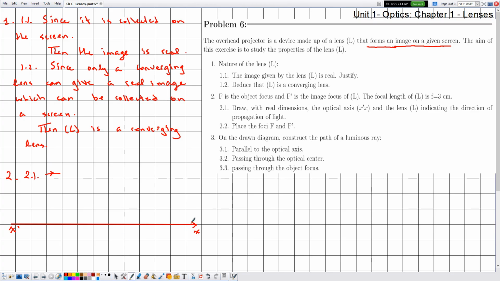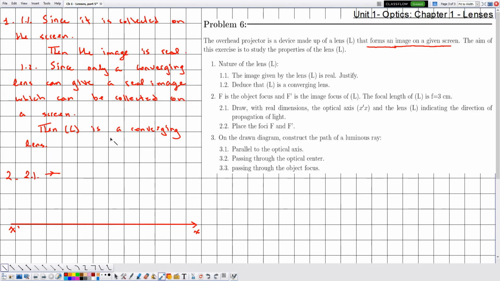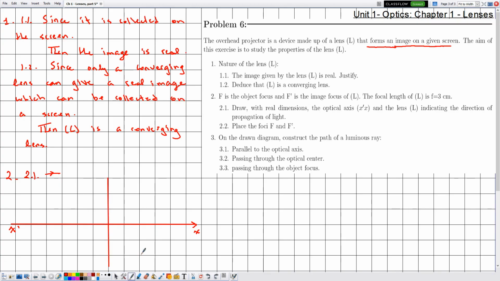Then we need to place the lens L perpendicular to the optical axis at the center, and the nature of the lens here is a converging lens, so we use the convenient symbol. This is the lens L, and the intersection between the optical axis and the lens L is the optical center O.